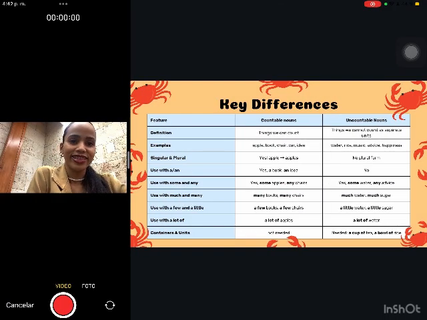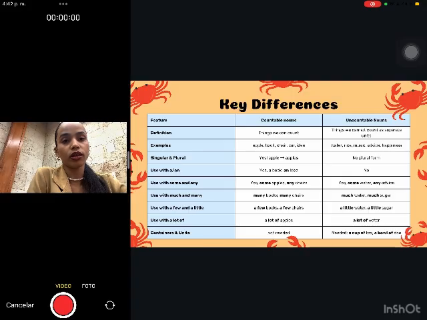The difference: countable nouns are things we can count, and uncountable nouns are things we cannot count as separate units. Example: countable nouns examples are apple, book, shirt, car, idea.